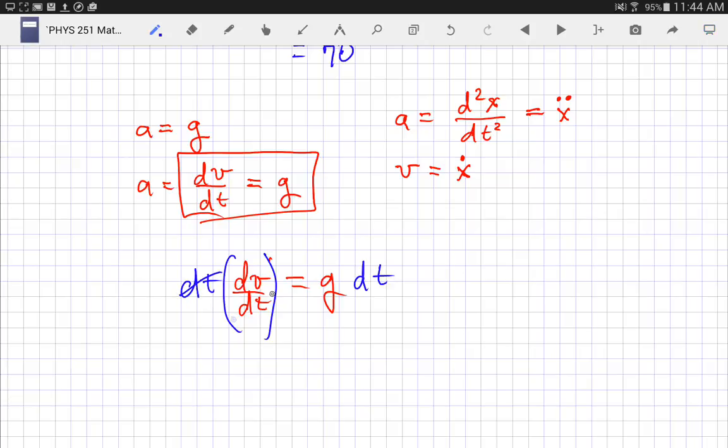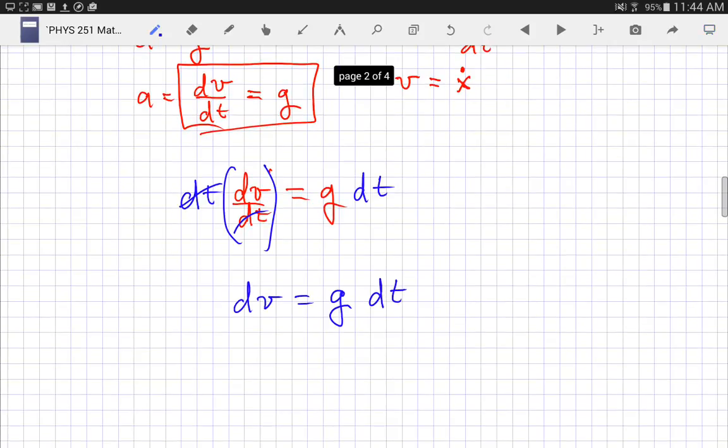Now I can cancel there, and I'm left with dv is equal to g dt. Now this side only depends on speed. This side only depends on time. And so for these two to be equal, I must have some independence, and I can integrate both sides independently and still have an equality.